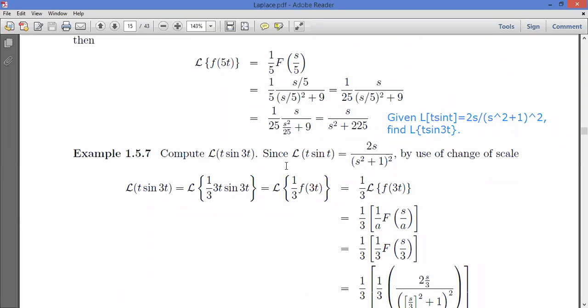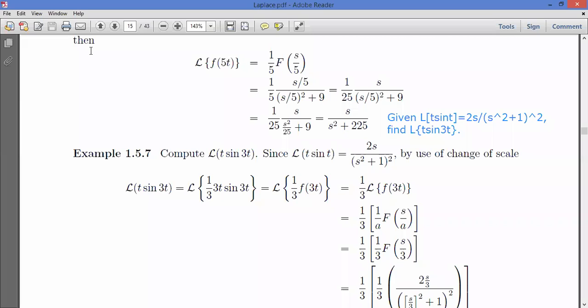So we already know what t sine t is. It is 2s over s squared plus 1, that is squared. But remember, we already know our change of scale. If you have a 3t here, but remember that t here doesn't have the 3, so we have to be a little bit logical when we are doing this.